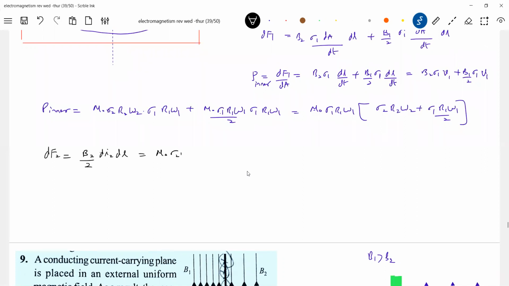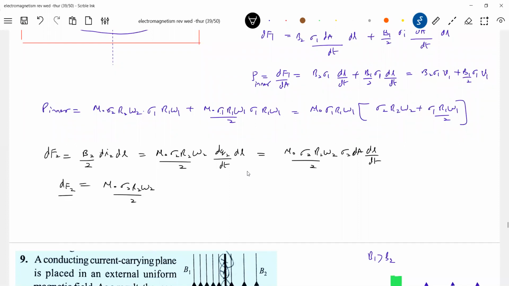Mu naught sigma 2 R2 omega 2 all divided by 2. di2 should be equal to dq2 by dt into dl. dq should be sigma 2 into dl, dl by dt. dF2 by dA, dl by dt should be v2.